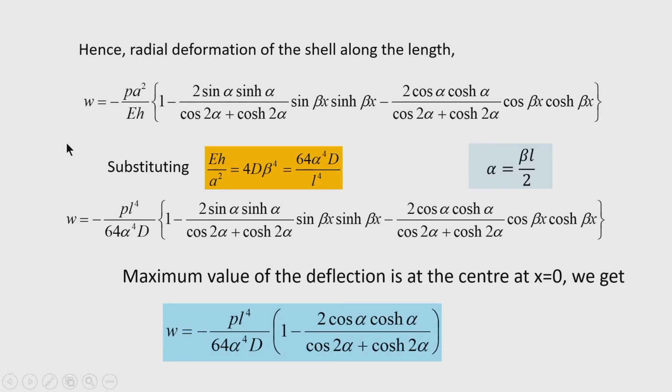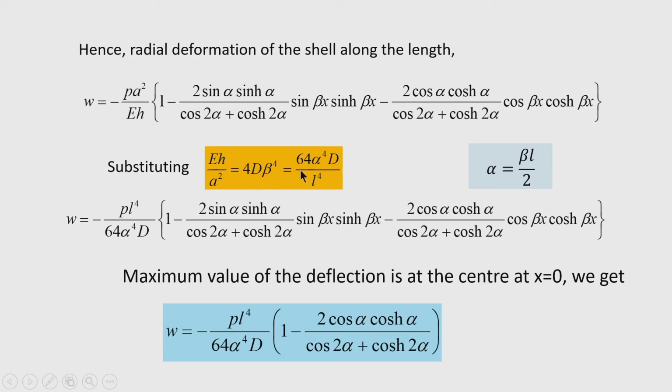Okay. So, it is written again here, and substituting E h by R square as 4 D beta to the power 4 and using beta as 2 alpha divided by L, we can express E h by R square, that is appearing in this equation, as 64 alpha to the power 4 into D divided by L to the power 4. Okay.